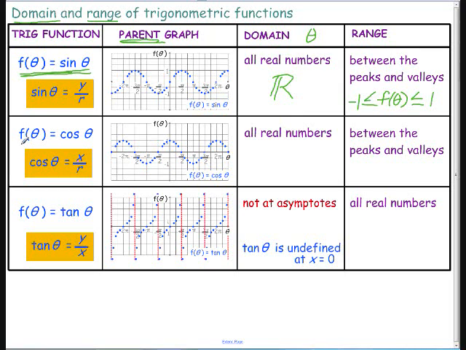Okay, function f is defined differently here. The input is still the angle measure theta, but now we're talking about cosine. For cosine, the domain, the angle measure, could be all real numbers.